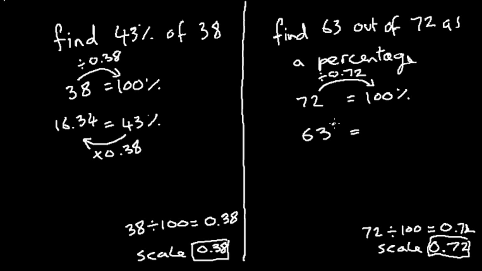So because we're still going in this direction, you actually do exactly the same thing, you just divide by 0.72. So you use your scale, you're going in the same direction, and the answer to this one is 87.5%. Okay, and that's how you can use scale to solve percentage problems.